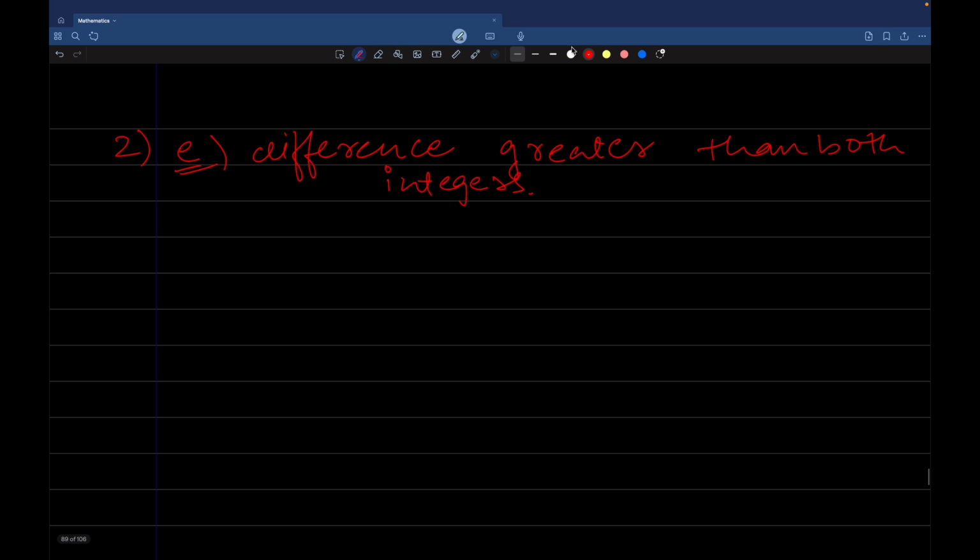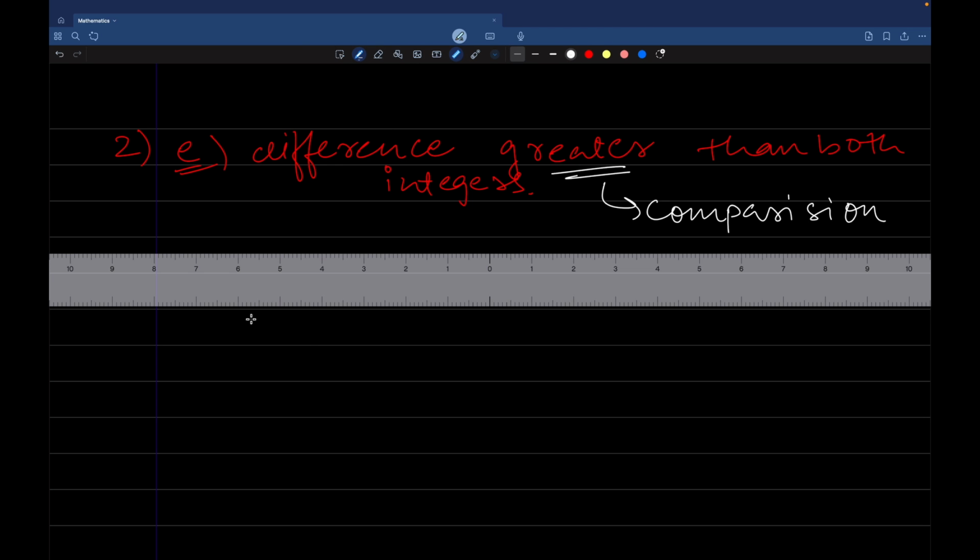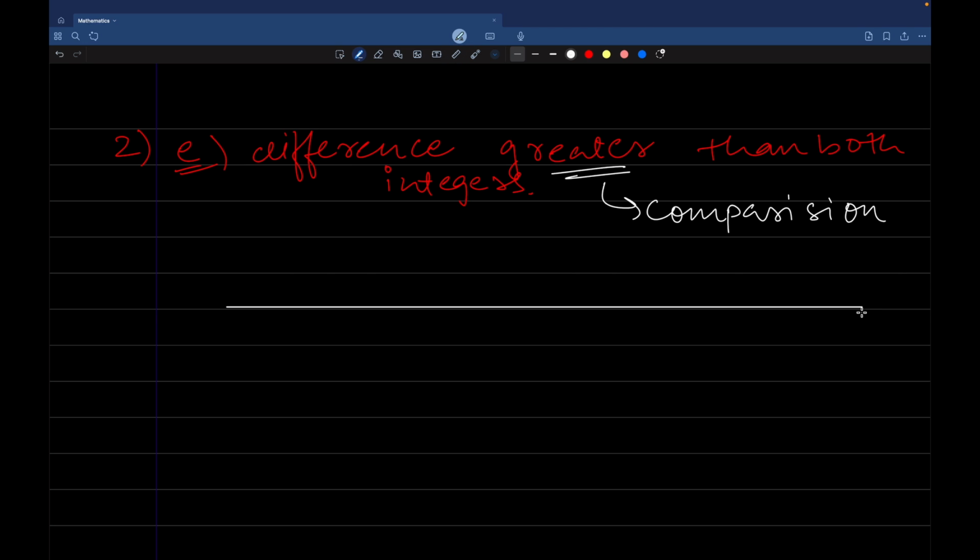We again have the comparison here. So we have to draw the number line. We have 0 in the middle of the number line. And let's take a equals 3, b equals -2.